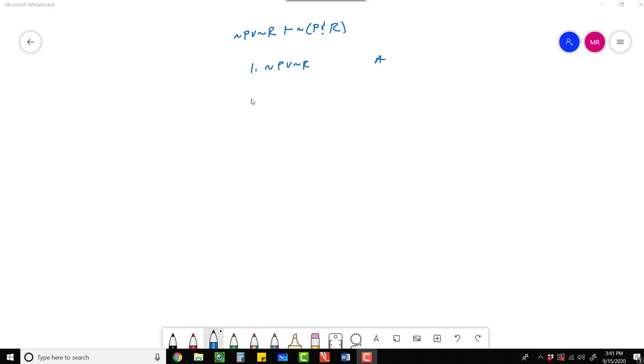Okay, so the next one tells us to derive from this disjunction, not P or not R, the formula: it's not the case that P and R. It's fun to look and see what we're actually doing here. If you think about the refutation tree rules, the reverse of this is something we've been depending on.